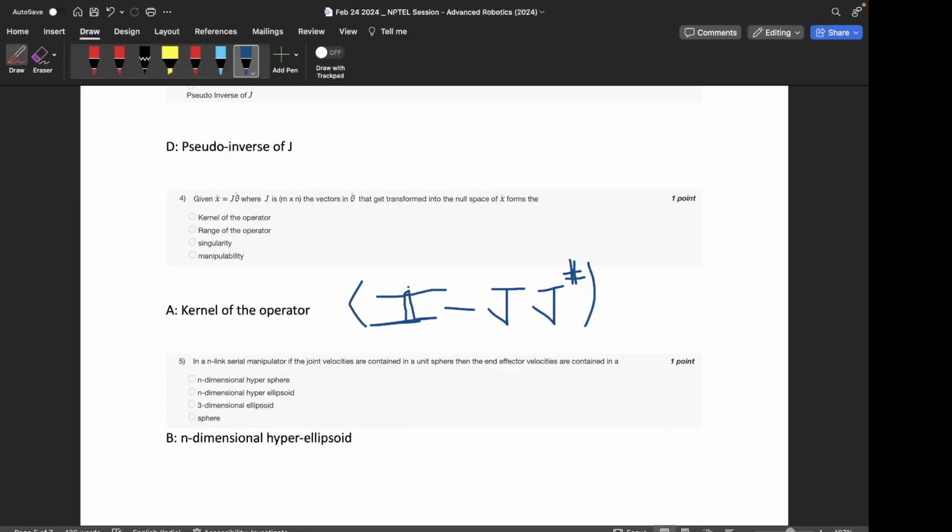For a square matrix which is invertible, the null space is trivial. That is, the null space only contains the zero vector. So A times x is equal to 0 only happens when x is the zero vector. That is the case when A is a non-singular or invertible matrix, right?